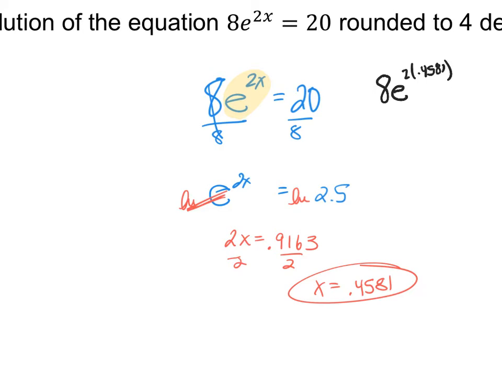What do you get when you do that? 19.999. Is that real close to 20? Yeah. Are you going to get exact answers when you do this? No, because we're rounding all the way through, but it should be close. It's a good way to check.